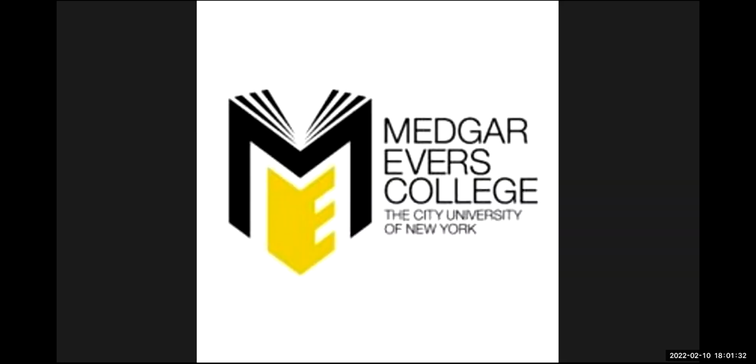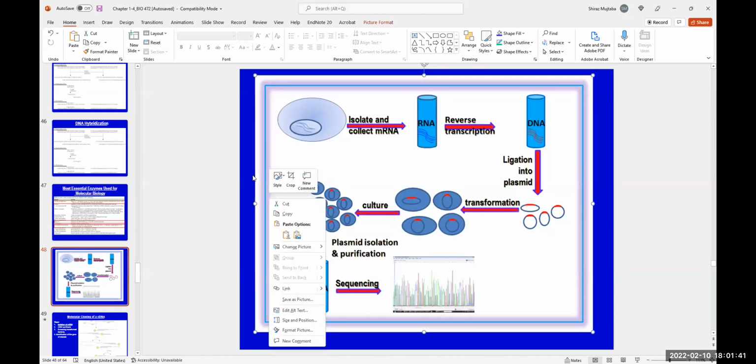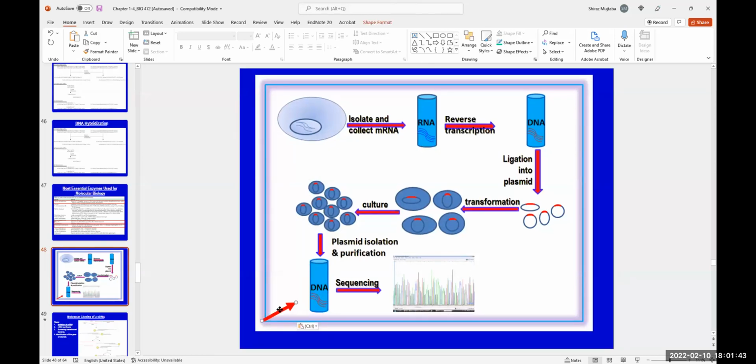So this is what is given in this slide: take a cell or tissue, and then extract the RNA, reverse transcription, right? In this case, reverse transcription gives rise to cDNA, and this cDNA can be engineered into a plasmid by restriction enzyme and ligase, and then put into the bacteria.